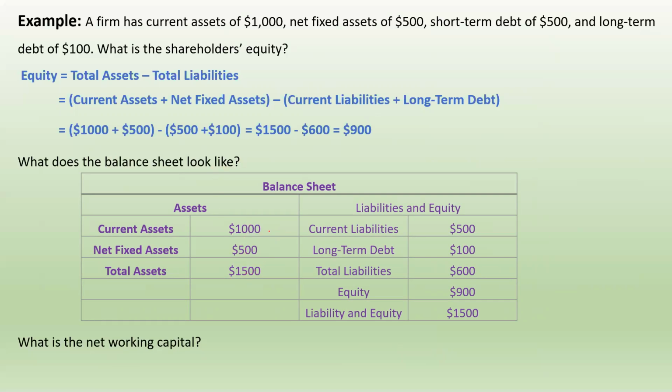On the right-hand side, we list the liabilities and equity. The current liability is 500. Then long-term debt, and the total liability is the summation of current liability and long-term debt. And then next is equity.